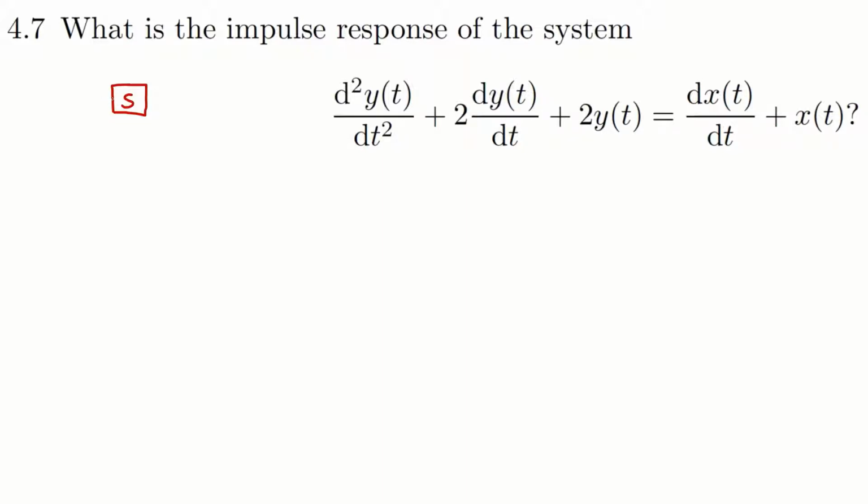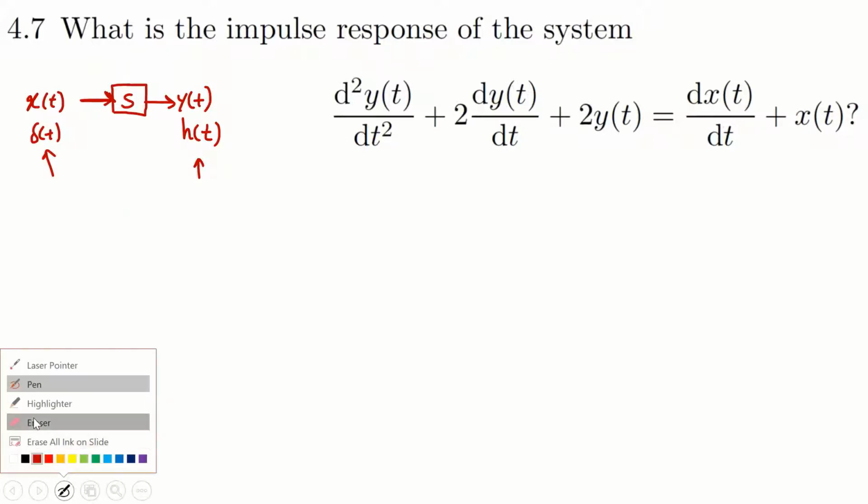If the input to the system is, say, x of t, and the output is y of t, well, we can find the impulse response of the system if we assume that the input is delta t, because if the input is delta t, then the output is labeled by h of t, which is the impulse response. This is the impulse signal, and this is the response of the system to the impulse.